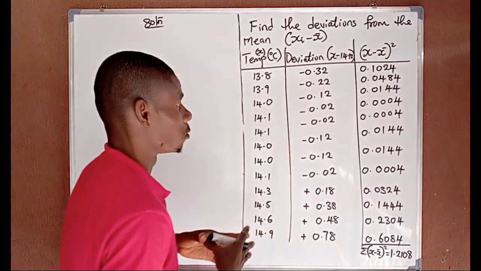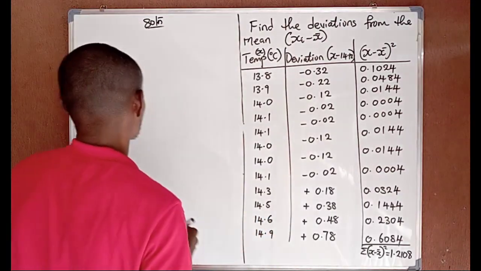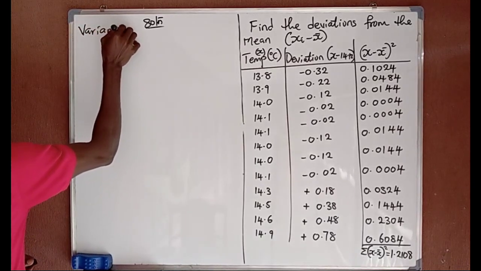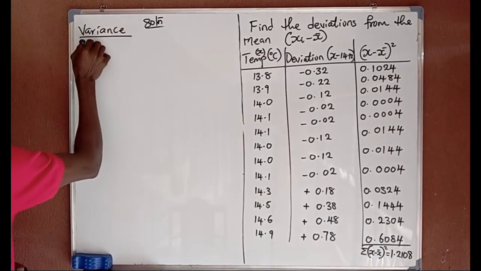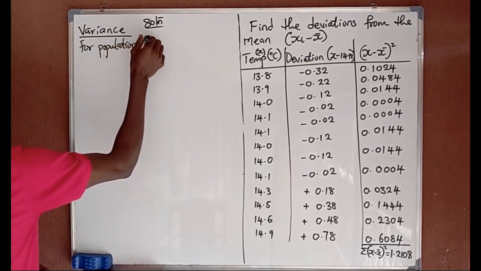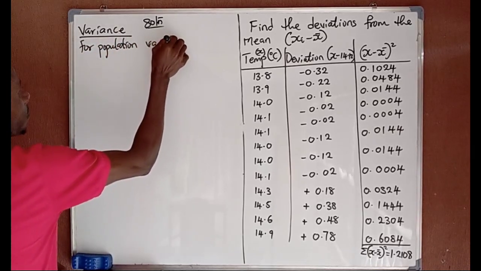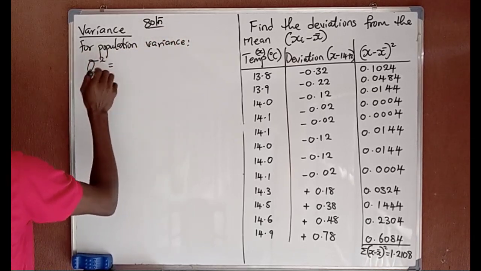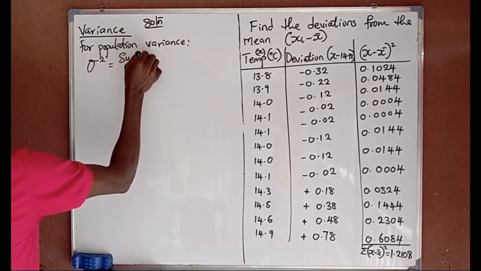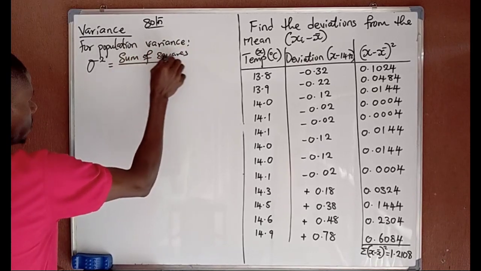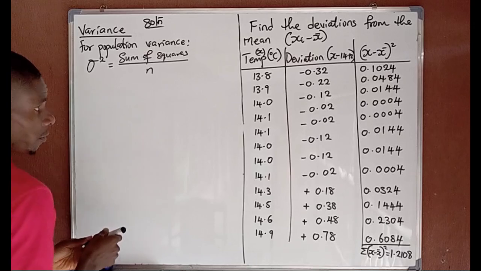Okay, let's proceed into solving our variance. For population variance, we have sigma squared equals the sum of squares over the number of cases.